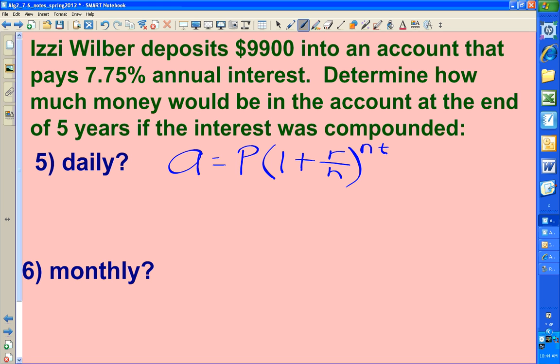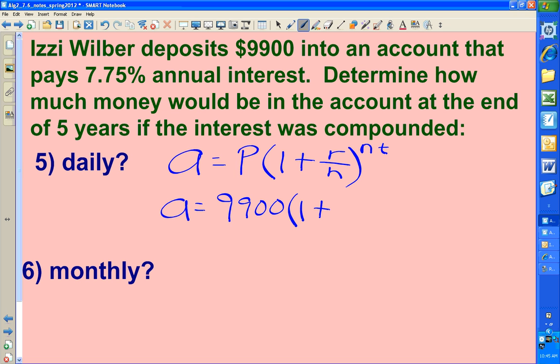What does n represent? The number of compounds in a year. So in question 5, what's n? 365.